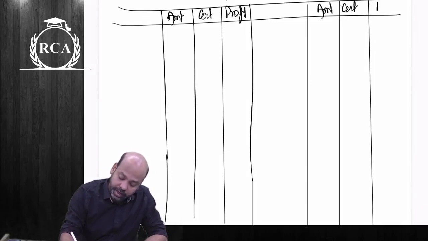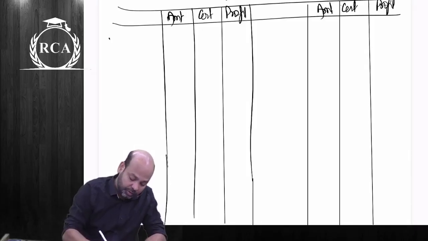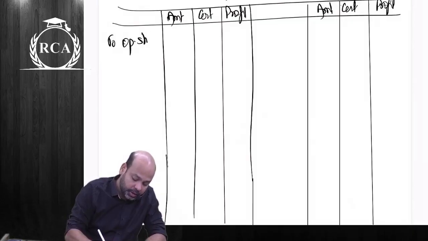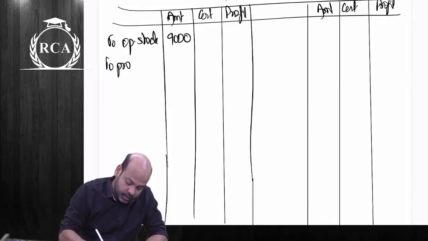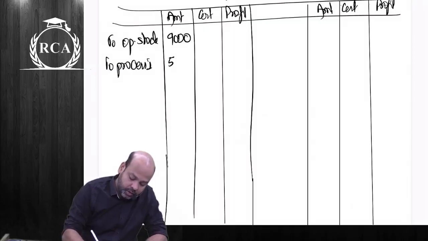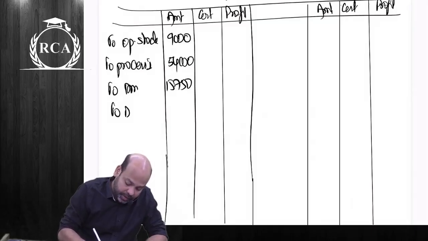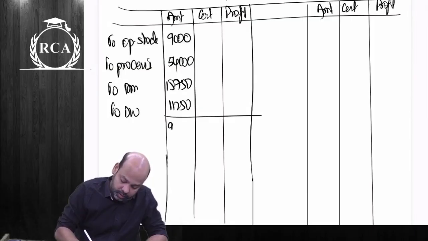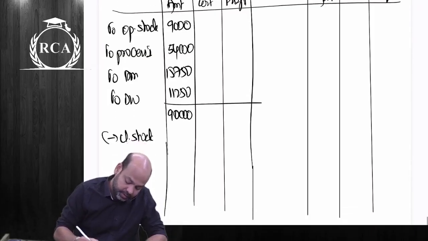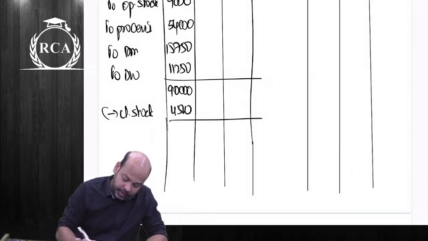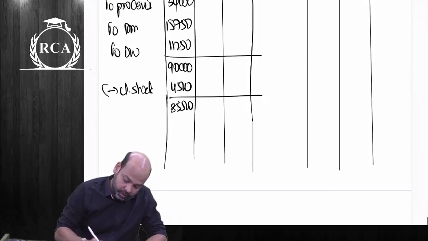Now first forget cost and profit, tell me the account that you have copied already. To opening stock 9,000, to Process 1 54,000, to direct materials 15,750, to direct wages. यहाँ तक का total. From this you've deducted what? How much is that? 85,000. To factory overheads.